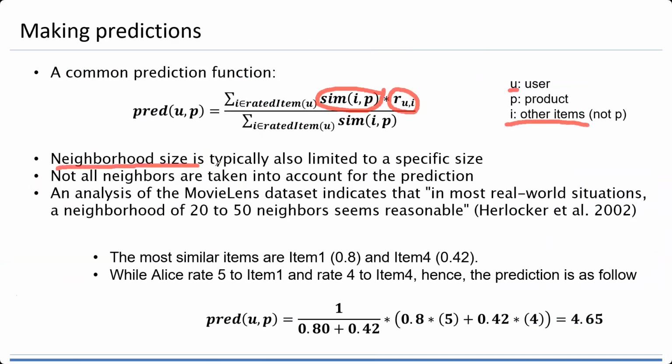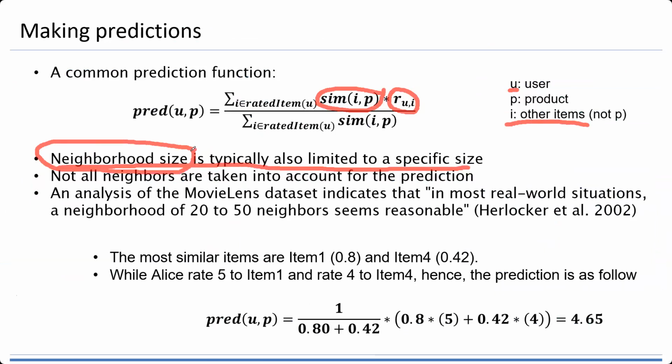Neighborhood size is typically also limited to a specific size. What does it mean by neighborhood size? So here I have item A, and how many users do I have? In this case, 4. But if there are so many users, do we need to include all of them? It's difficult.